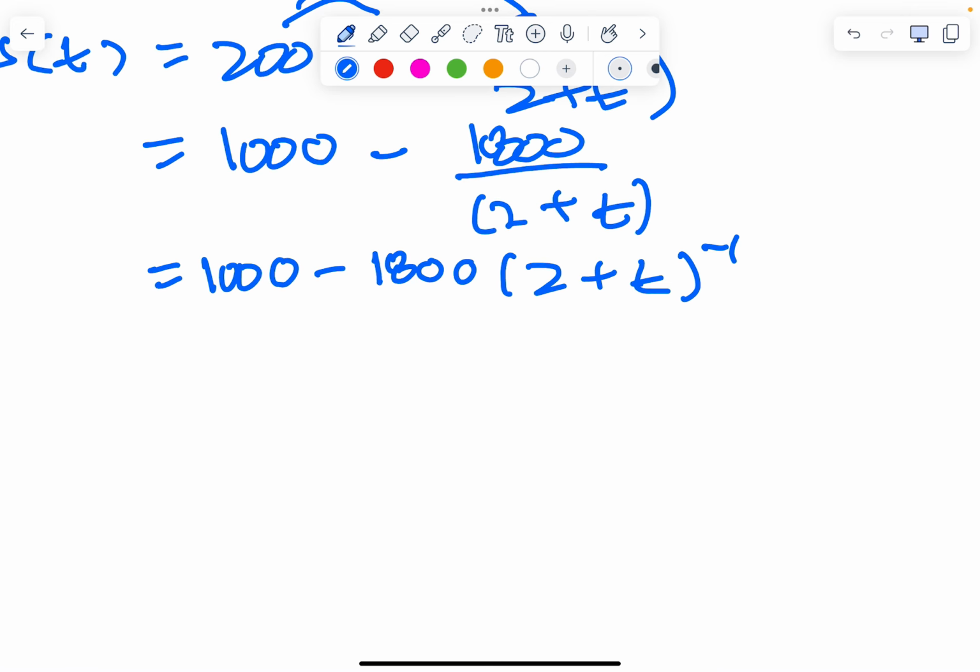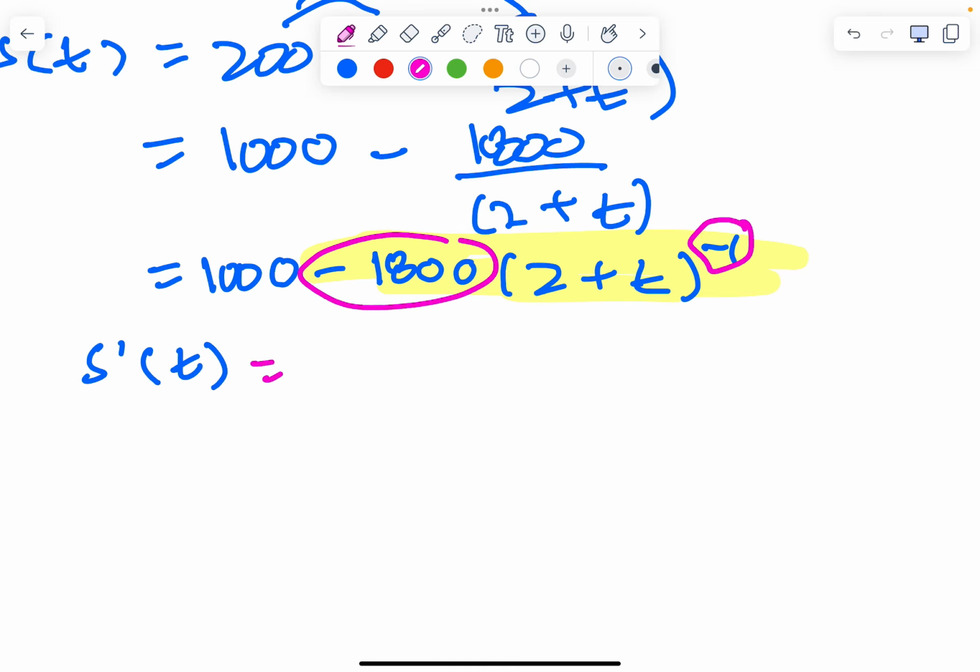And then do y'all see that we're going to apply chain rule right here? Chain rule right there. Do I care about the 1,000 when I derive? Absolutely not. So s prime of t. All right, let's see. When I multiply negative 1 and negative 1,800, how many is that? Positive 1,800. And you keep the inside.